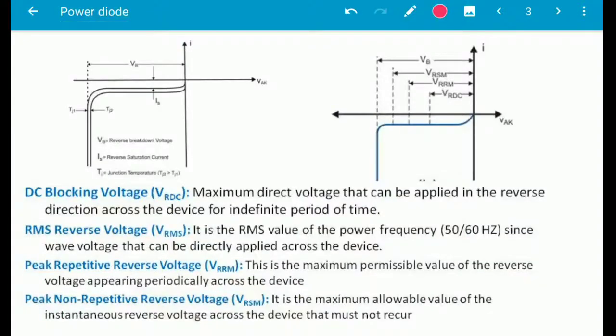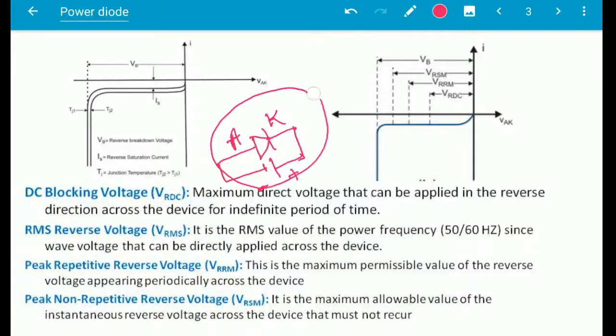So next is the reverse biasing characteristic. What is reverse biasing? If this is the diode, this is the anode and this is the cathode, suppose this is K. If I connect this one to the negative and this one to the positive of the source, then it will be reverse biased.